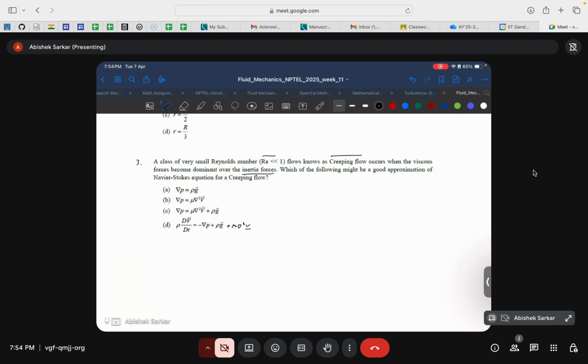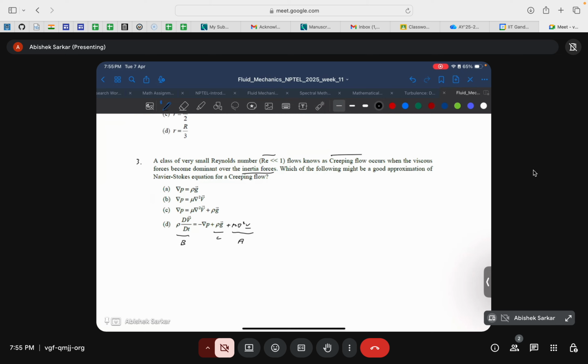In that case the viscous forces dominate over all types of force, viscous force dominates over inertia forces. So what happens is the order of magnitude of this term, say this is A, this is B, this is C.